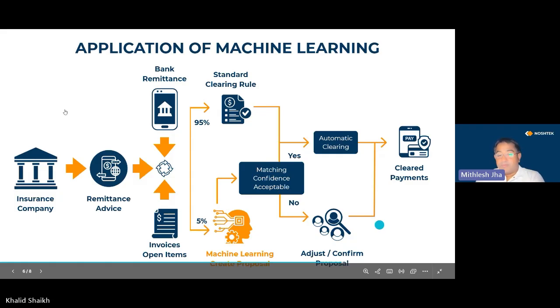Now, the job doesn't end here for AI. That's where it becomes more interesting. If a clerk is able to clarify something based on the information that is already there, next time the algorithm can optimize and learn from the feedback it is receiving from the clerks on those open items.